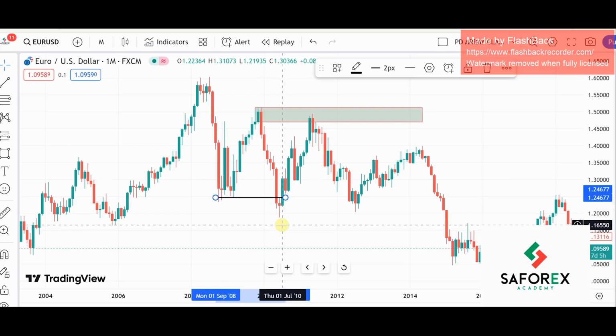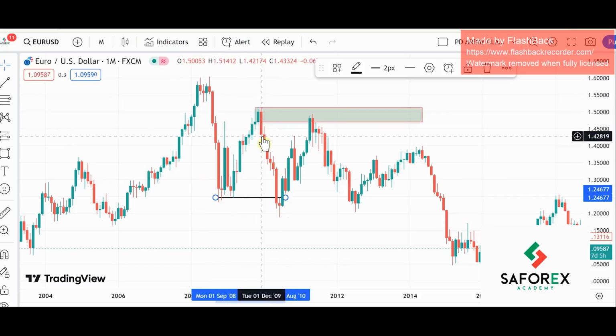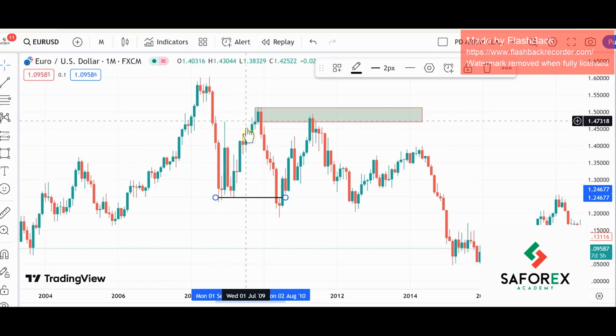Unmitigated means that it has this form of imbalance and fair value gap. It must have an imbalance and it's unmitigated, like it has not been traded into.